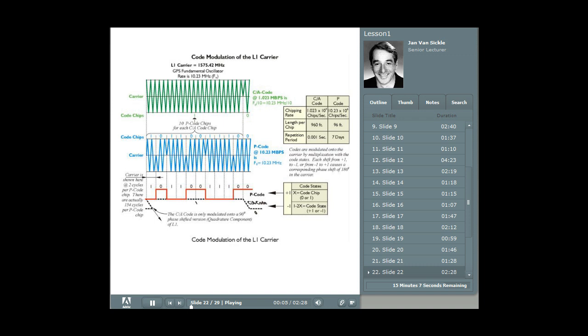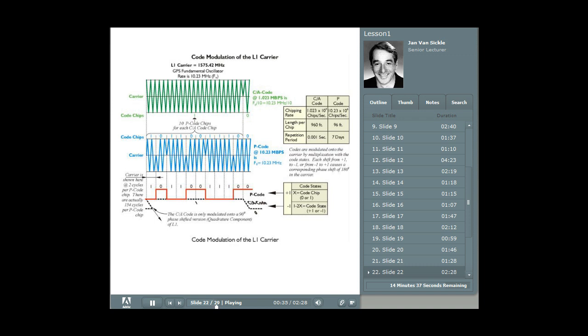Here on slide 22, we see the full version of this image, L1 carrier. Up at the top, we have the CA code in the green, and then we have the P code in the blue below it. There's several pieces of information in here that's helpful. One of the things you might notice right away is down at the bottom you see the red square wave from 1 to 0 and 0 to 1 indicated for each 180 degree phase shift.